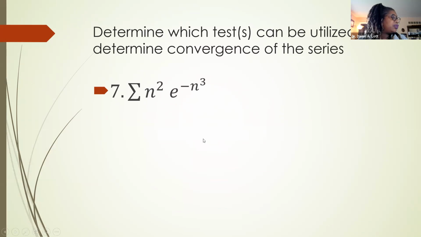This one has more answers than you think. Could you use the root test? Yes. Could we use the alternating series? Okay, it's not alternating. I don't have a -1 to the n. So I can't use the alternating series test.